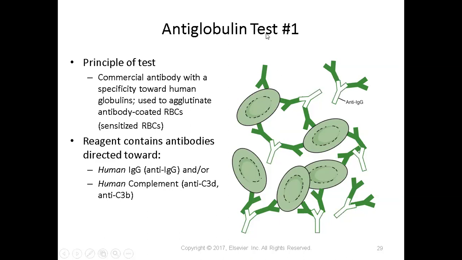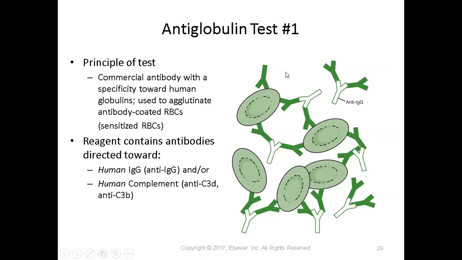However, the antiglobulin test comes into play because we may not be able to see that sensitization occurred, okay? So imagine for a moment that you're just picturing this red cell here without the white immunoglobulins here, okay? Just the green ones attached. And we see that the binding sites are attached here to only a single red cell.